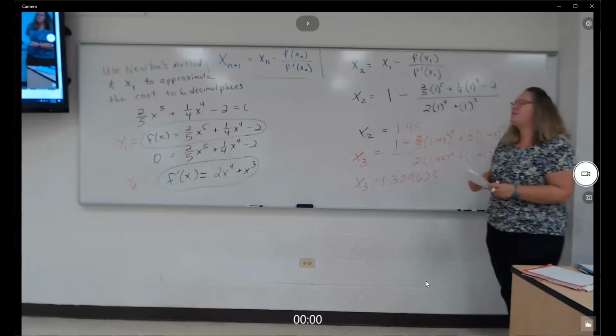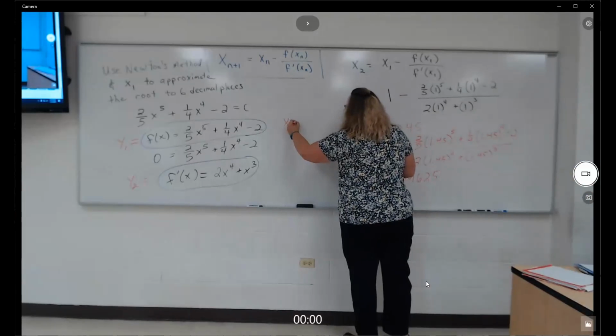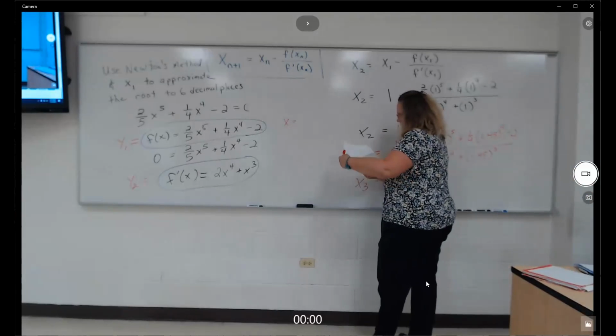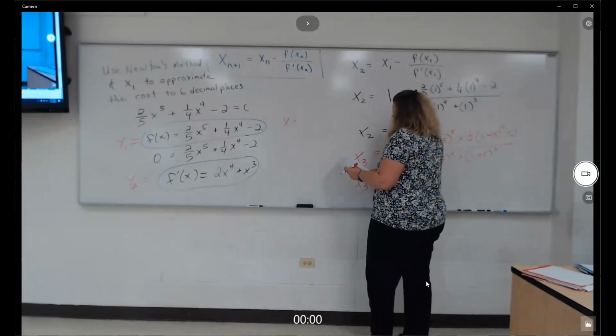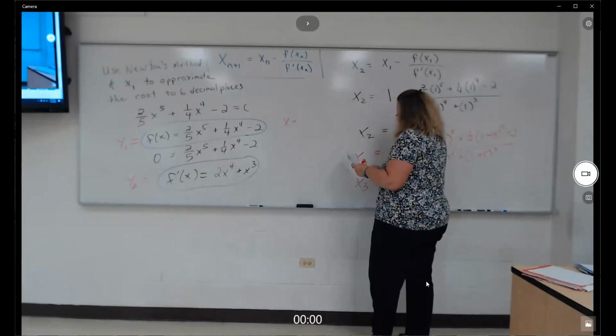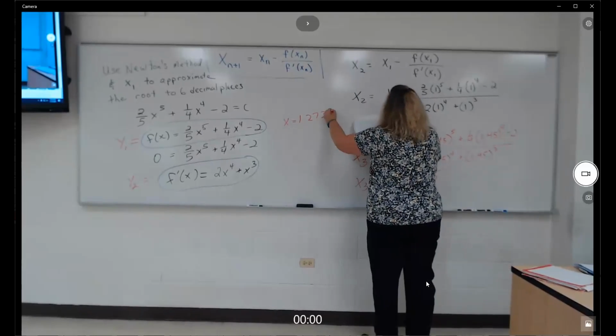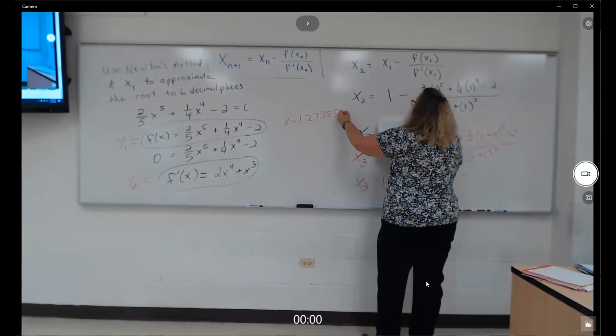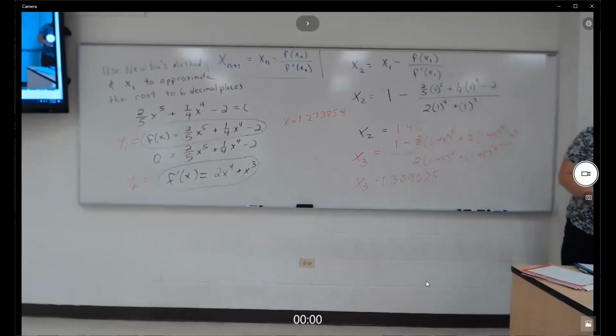Oh yeah, because I was going to start that other problem. That other was to 6 decimal places. Let me just write this one up there. 1.27385, and then this 3 rounds to the 4, and that's your 6 decimal.